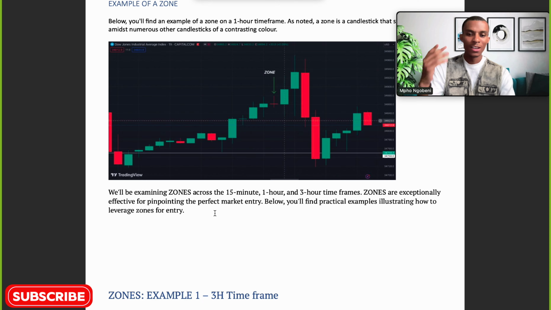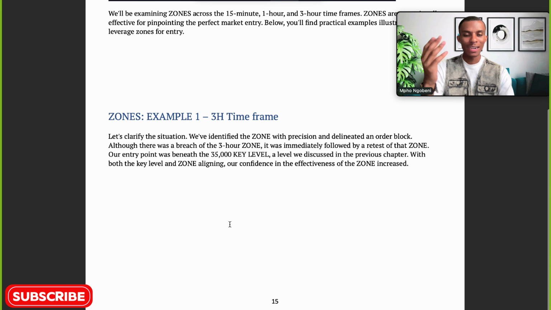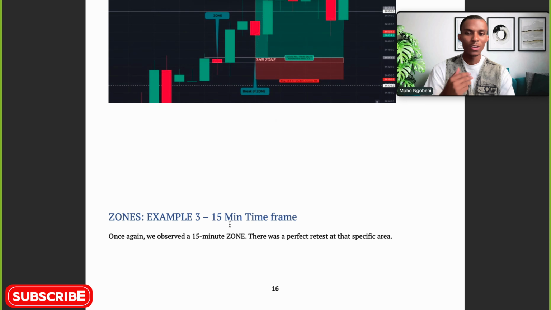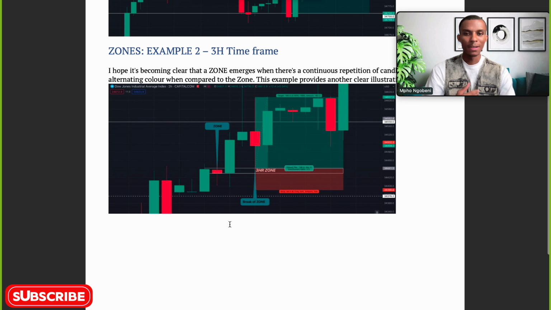That's all. If you check the 3-hour time frame, as you can see, I show you here that's a zone. Why is it a zone? Because there's a series of green candlesticks: we have a green, a green, a green, then a red just appears out of nowhere and then it continues green, green.